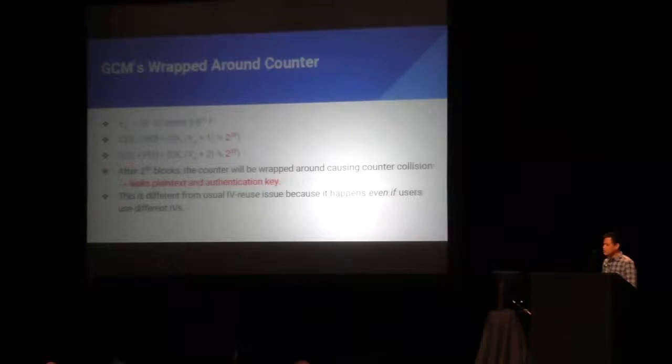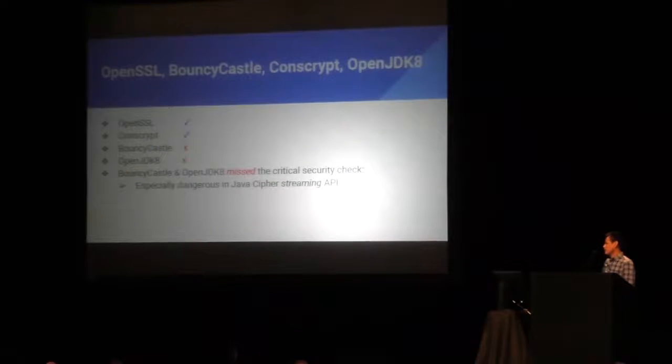This issue is different from the IV reuse issue, because it happens even if users use different IVs. I checked OpenSSL, Conscrypt, Bouncy Castle and OpenJDK, and Bouncy Castle and OpenJDK miss this critical check. It's especially dangerous in Java Cipher because it uses a streaming API, meaning you can encrypt a large file by calling encrypt on each chunk.